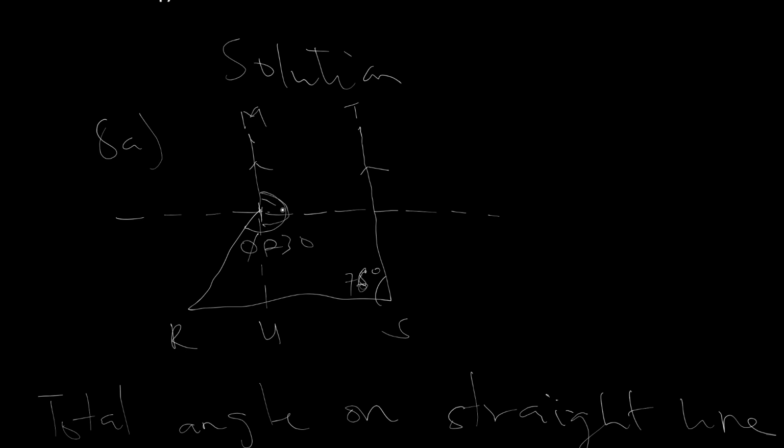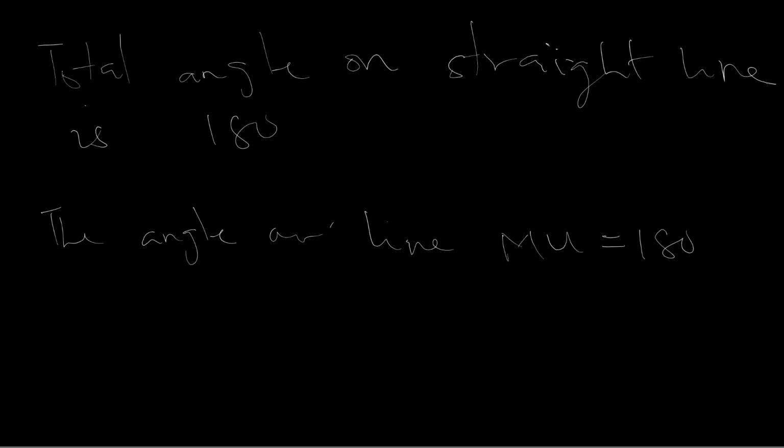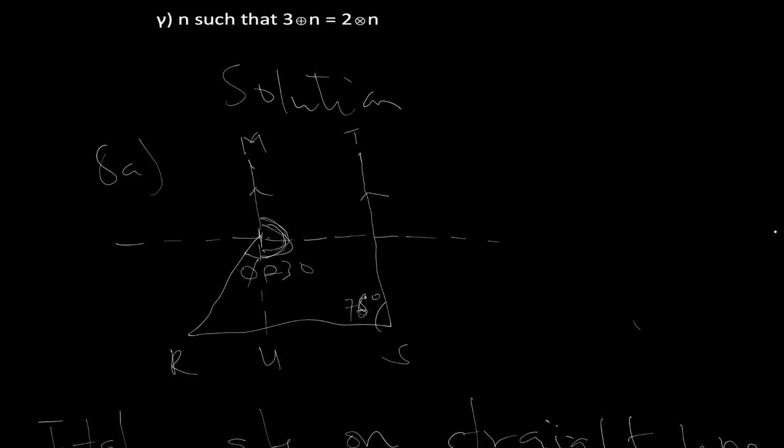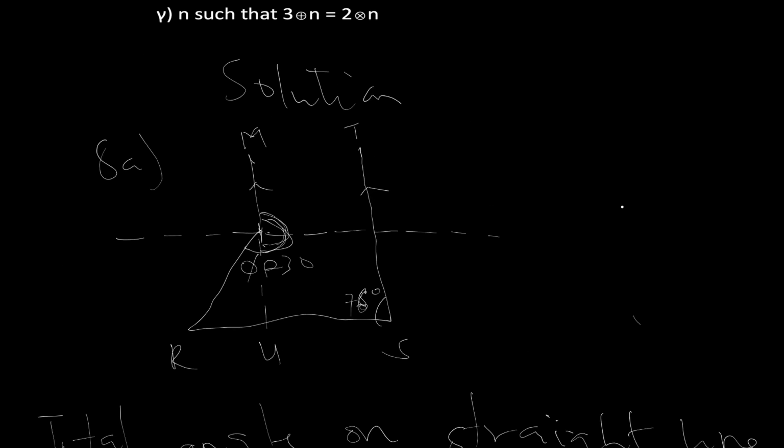The whole of this is 180, which means that 180 plus phi should give us 230, because the whole of this is 230. So phi should be 230 minus 180, which gives us 50. So phi should be 50. So we have 50 degrees here.